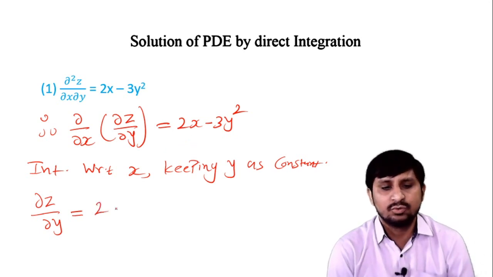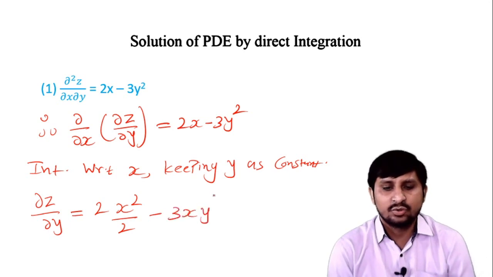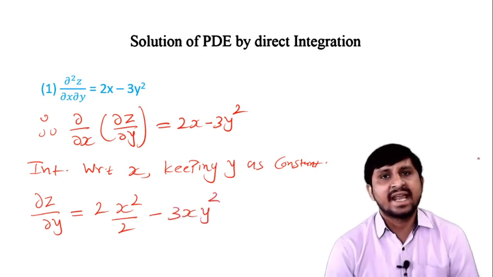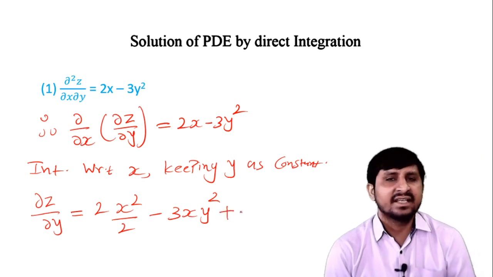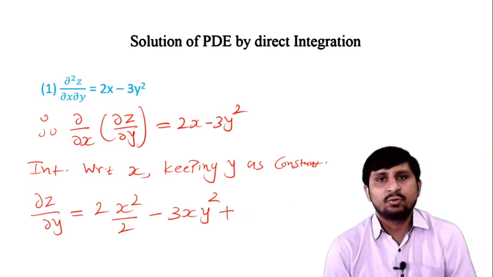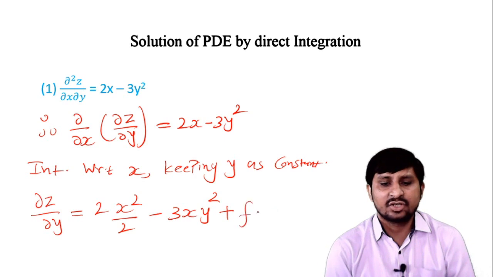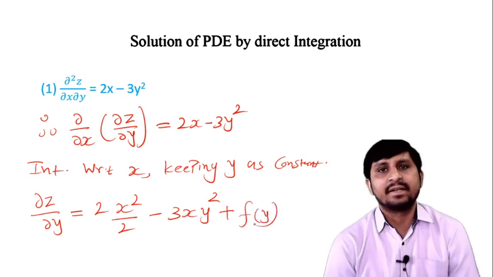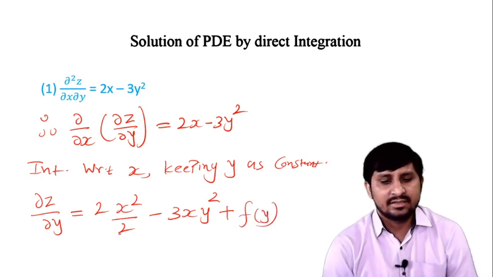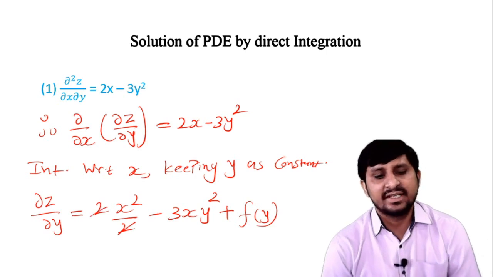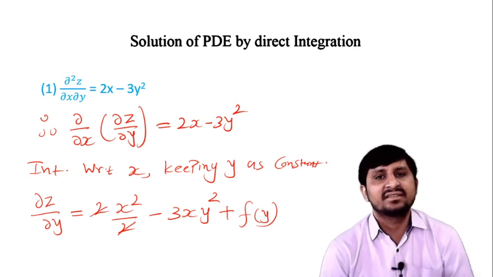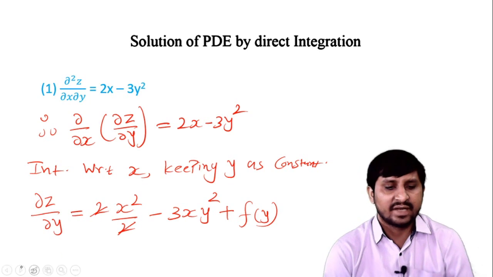This is 2 into the integration of x, that is x square by 2, minus 3y square, which is a constant term, times the integration of 1, that is x, and we add some constant which is a function of y, call it f of y. Now this 2 will be cancelled out, so del z by del y is x square minus 3xy square plus f of y.